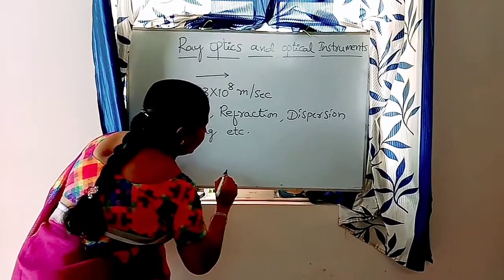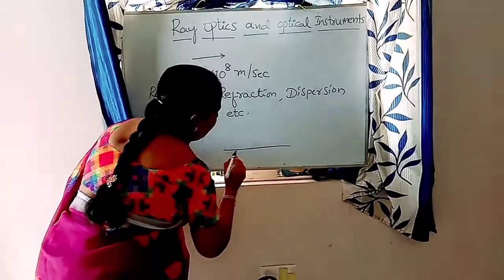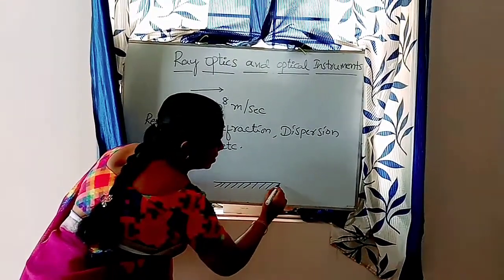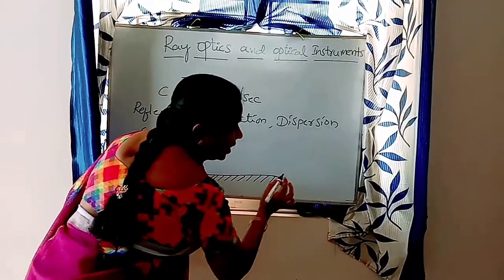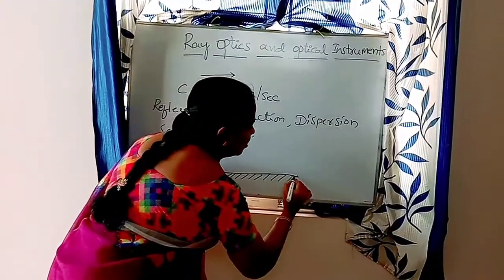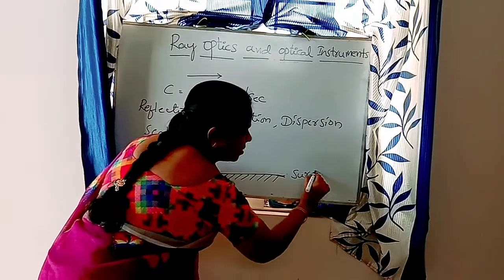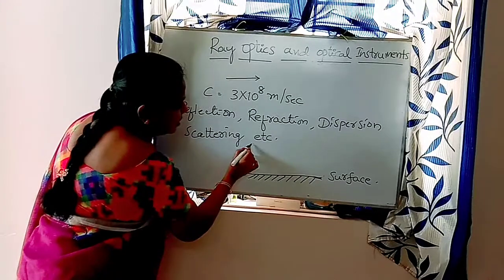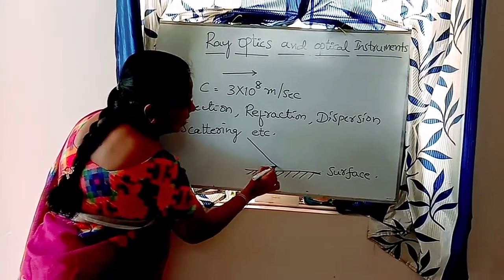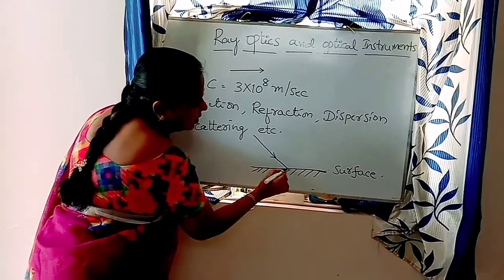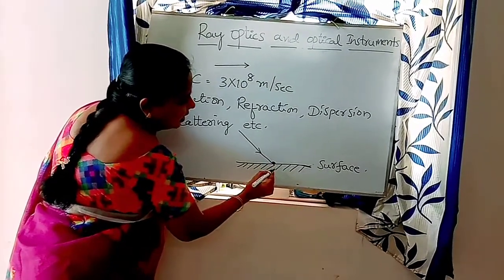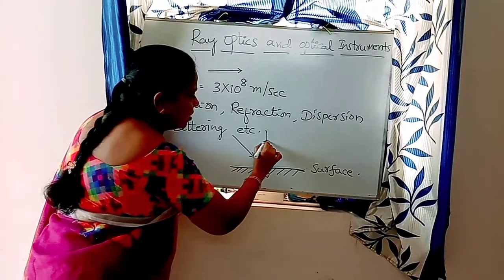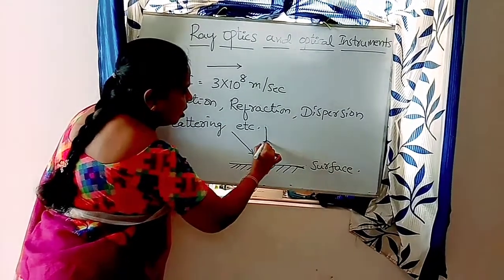At first, we take here one smooth surface, like a mirror. Here this is one light ray, and it is incident at point O. And here we take one normal.